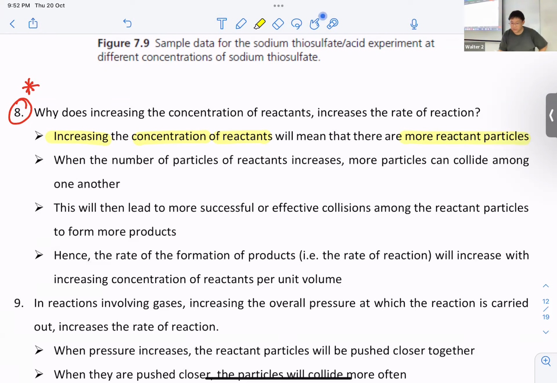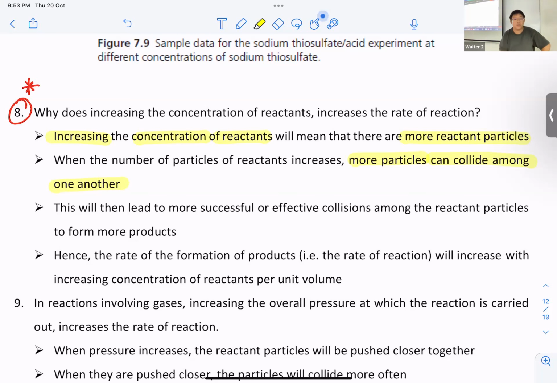So you see over here, more particles can collide with one another. Imagine initially you have only 100 particles inside. And then you increase the concentration, you get 200 particles, 300 particles, 400 particles, 1,000 particles. So you have more particles there to collide with each other, increasing the number of collisions.